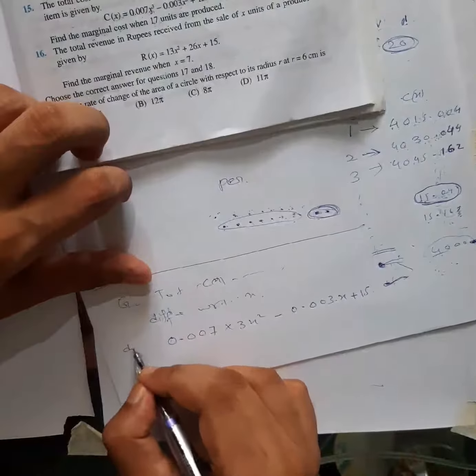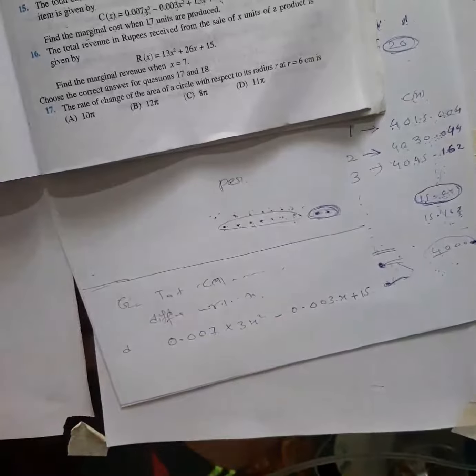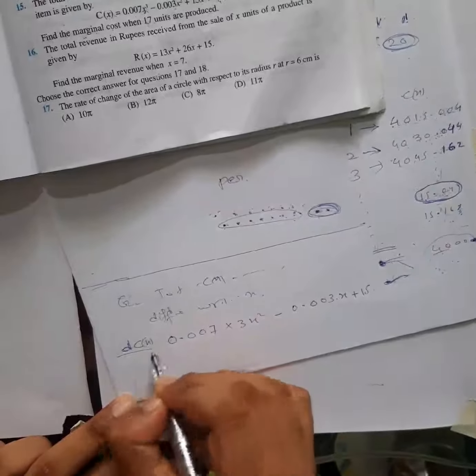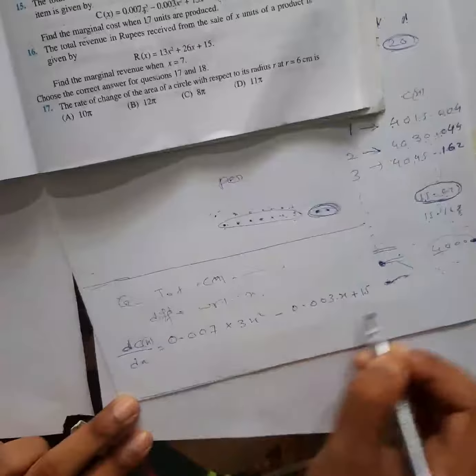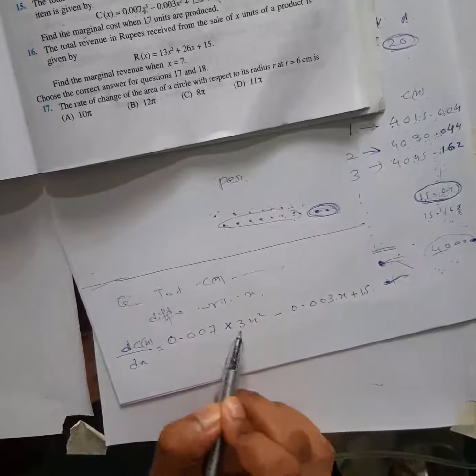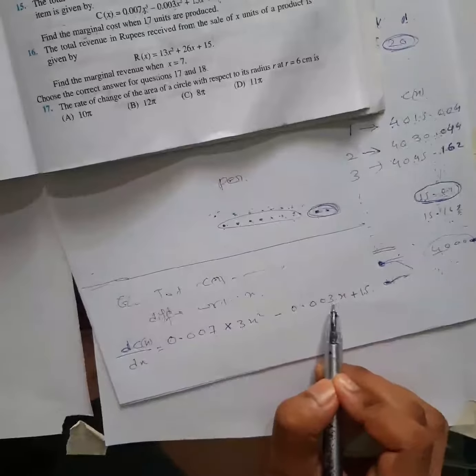After that the differentiation of the constant is 0. So this will be your rate of change of price. So dC(x) by dx is equal to this much you got. You can multiply this in your calculator, 3 into this, then this one.